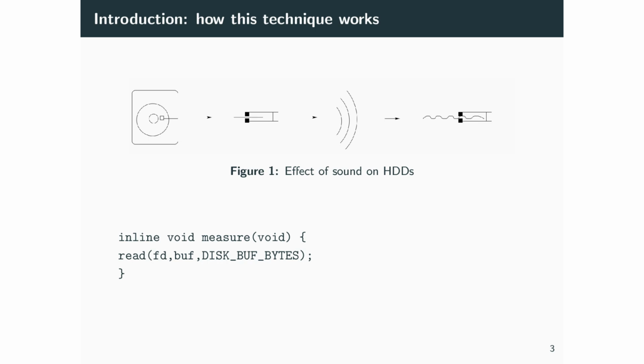We only need to read a file a lot of times and measure the time. You would think that this simple read will take the same time every time, and no, of course, that's not right. This simple call to read a little file on the hard disk will change. Sometimes it will take 100 milliseconds, sometimes 1 millisecond, and this difference is basically the vibration that the hard disk is feeling. So that's basically this.